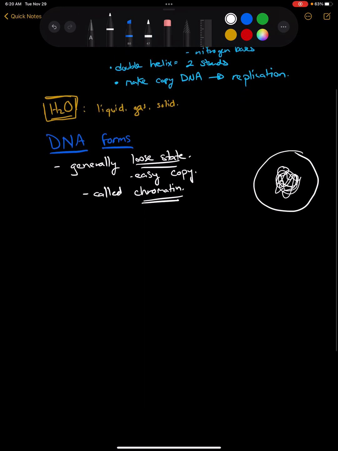I kind of like to look at it, you know, if you're a visual person, I think this looks like a plate of spaghetti, right? And so here's your plate right here, and then here's your spaghetti in the middle. But here's the deal, when you need to eat your spaghetti, you can't eat it when it's loose like that. You always take your fork and then you spin it around, right?